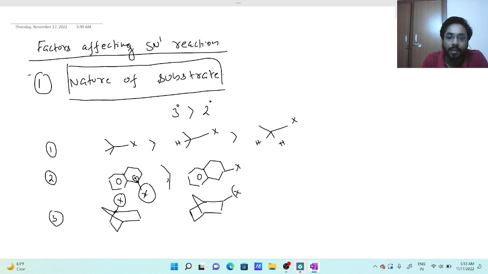And this is not the bridgehead position. The carbocation generated over the bridgehead position is not stable. So this carbocation is not stable, this carbocation is stable. So this will give better Sn1 reaction.